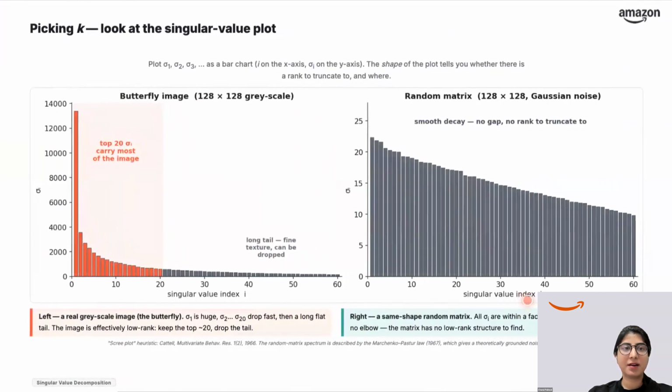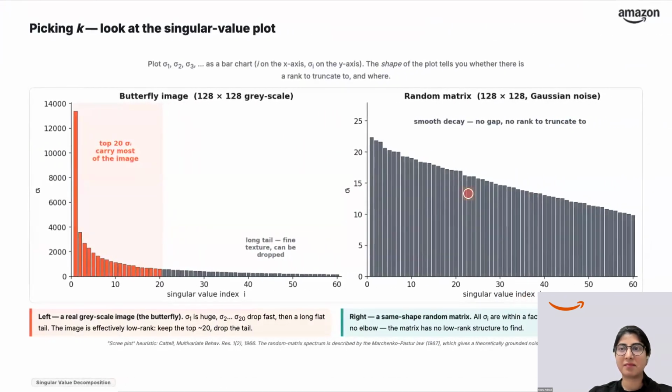Now let's see how this K varies for different matrices. Here we have an image, and here a random matrix with Gaussian noise, and we look at the singular values of these matrices.